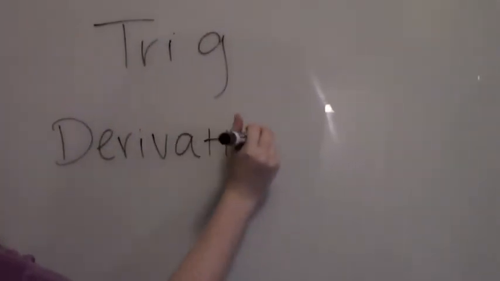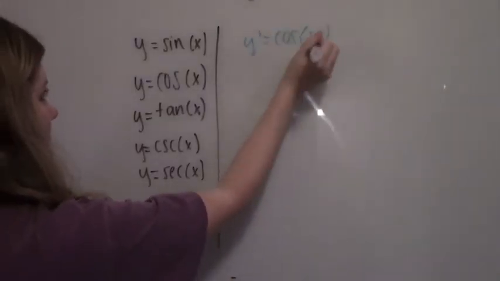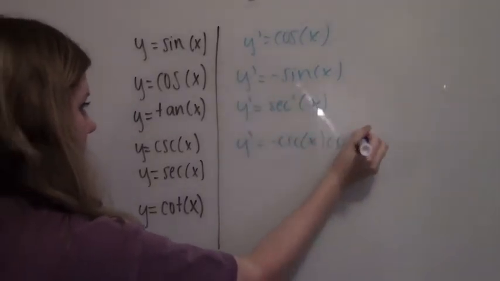And once I learn these rules, I can finally know how to find the derivatives of all the trig functions. Yeah, so here are the rules for sine, cosine, and tangent, and cosecant, and secant, and cotangent.